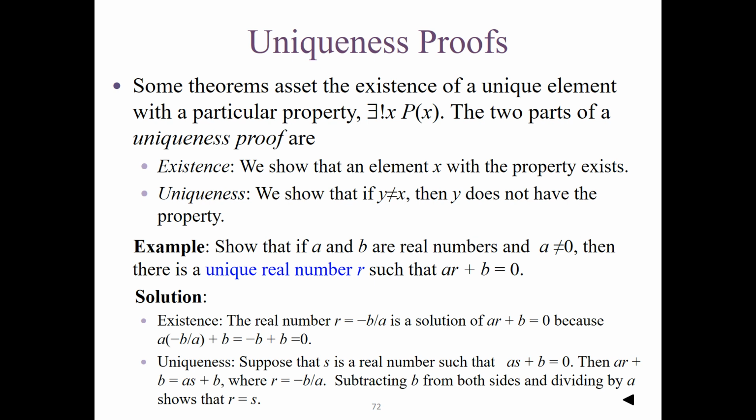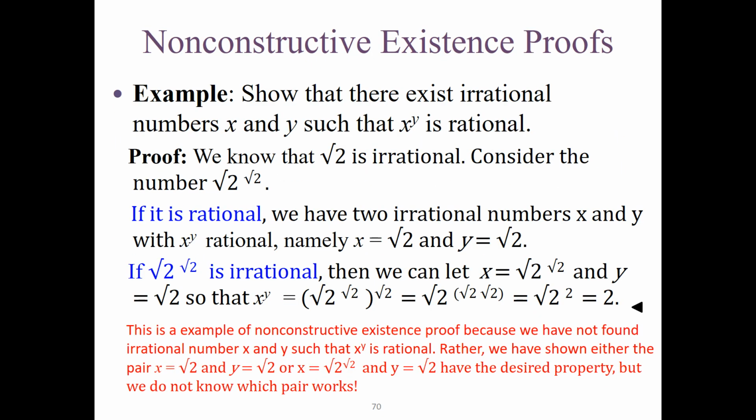For non-contradictory proof, maybe we can see the previous example. Okay. Once we want to prove some property of real numbers or rational numbers, such as x and y is irrational and x to the power of y is rational, then we can use two different cases to prove that this statement is true. But we do not discover what is x to the power of y and the corresponding x and y.